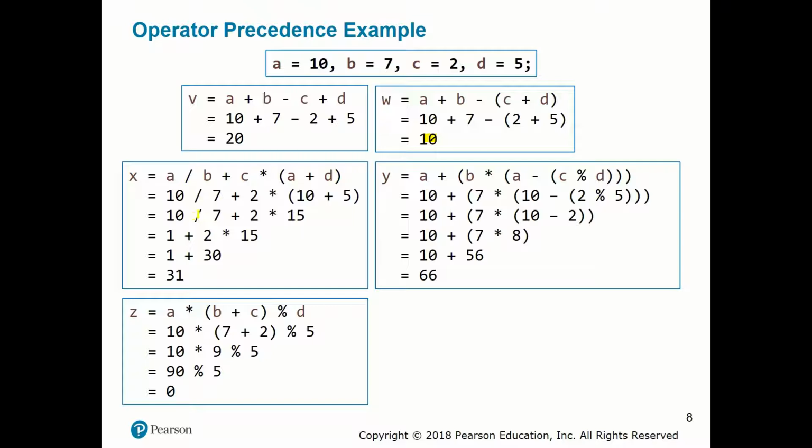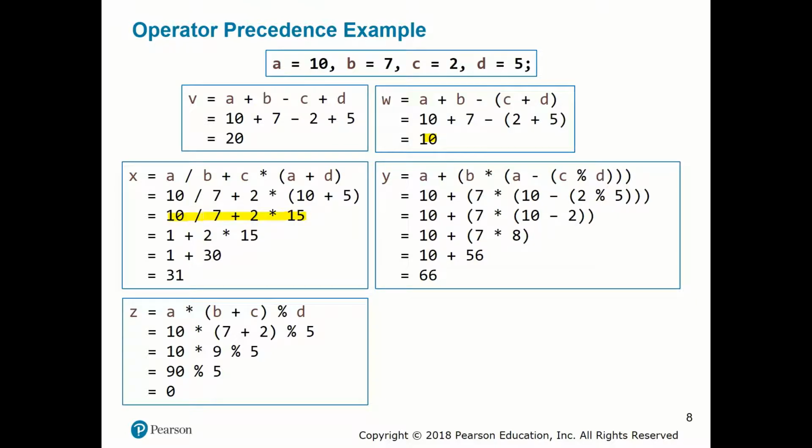And this expression can be solved from the parenthesis. So 10 divided by 7 plus 2 times 10 plus 5 should be evaluated at first. So this becomes 15, and the expression simplifies like this: 10 divided by 7 plus 2 times 15.